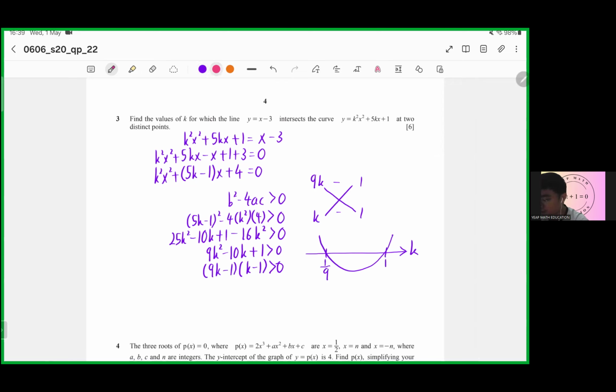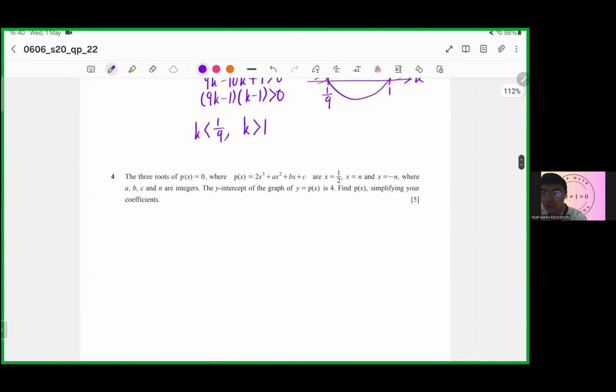Now we look for these signs. He says this should be more than 0, right? So it will happen here: k less than 1/9, k more than 1. Okay, now we look at question 4.